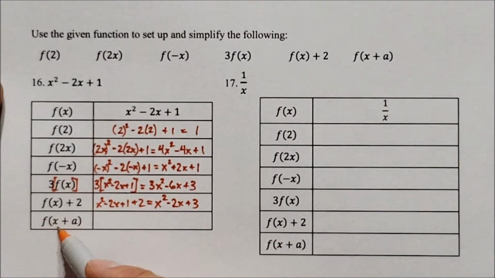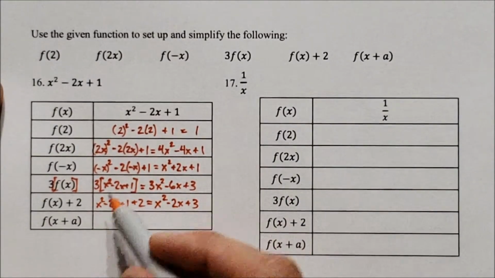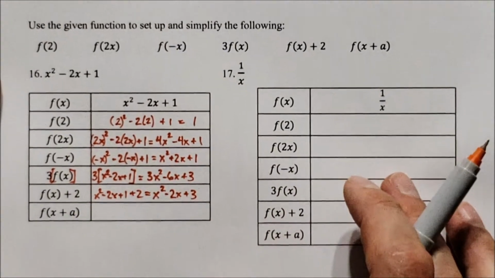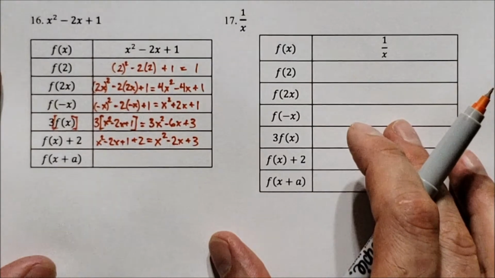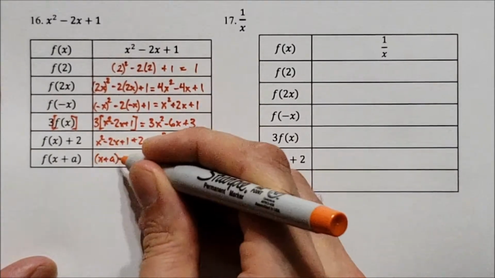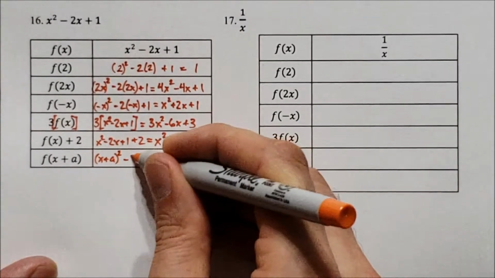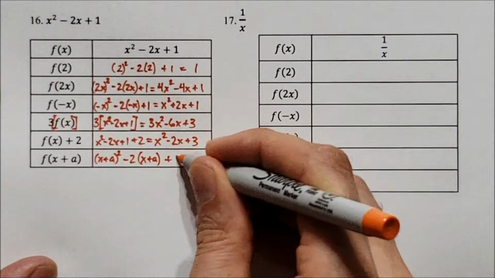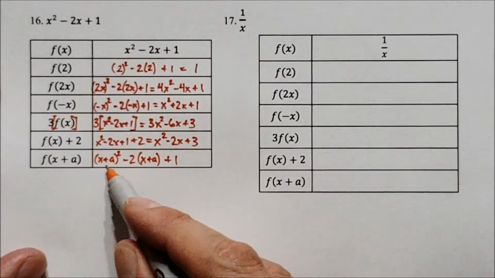Finally, f of x plus a. I'm going to replace x with x plus a. This may require a little more room, so we're going to write x plus a in parentheses, squared, minus 2 times, in parentheses, x plus a, plus 1. Simplifying this, we need to expand.